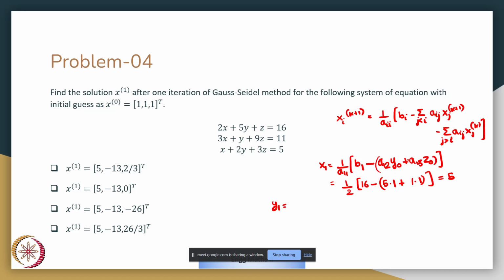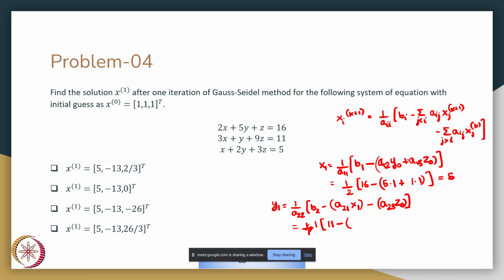Updated guess for Y would be 1 by A22 times B2 minus A21 X1 minus A23 Z0. So A22 is nothing but 1, so 1 by A22 will be 1. B2 is 11.